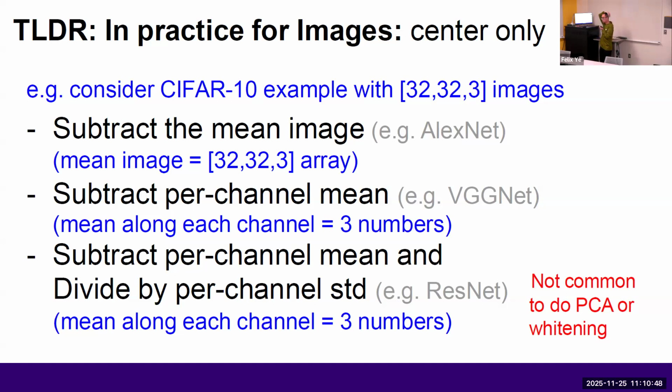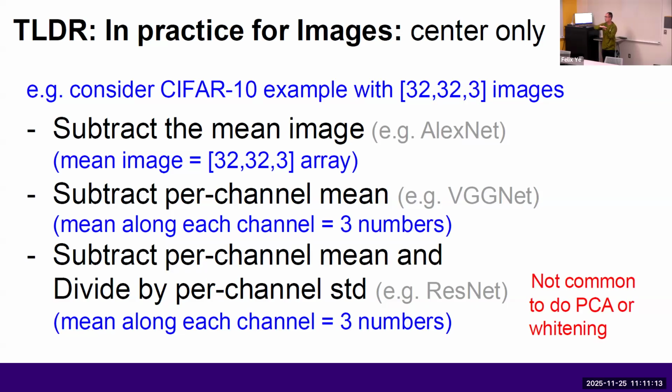All these things we're going to revisit in 593, because in 593 you're going to work with real, large datasets like AlexNet. You can also subtract per-channel means, where the channels are red, green, and blue.